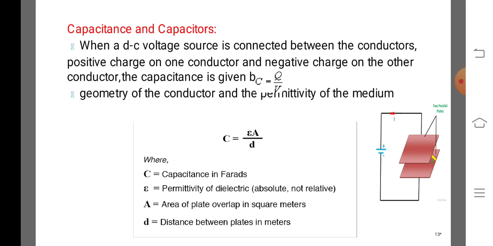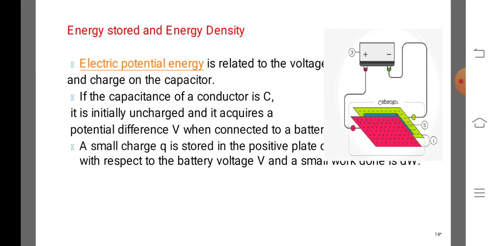Here C is capacitance in farads, epsilon is permittivity of the dielectric, A is the area of plate overlap in square meters, and d is the distance between plates in meters. Those capacitor and capacitance concepts conclude the normal component of the boundary condition according to their representation of work done. Then the energy stored and energy density for this capacitance are relatively easy to refer to.